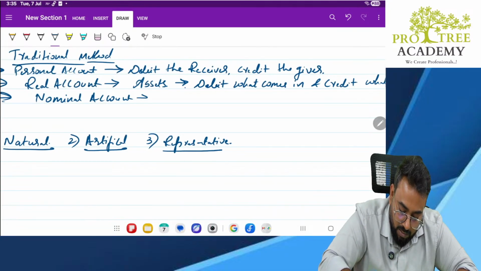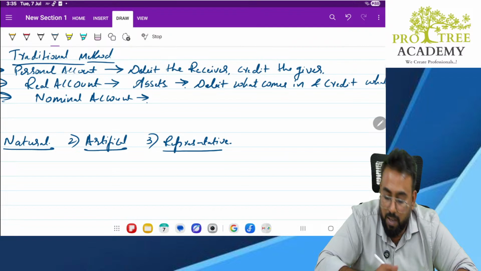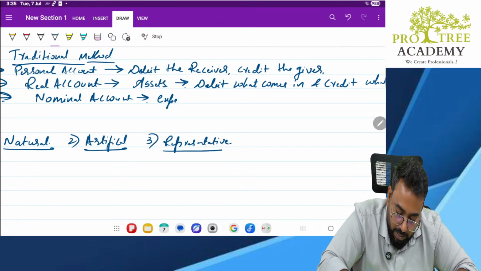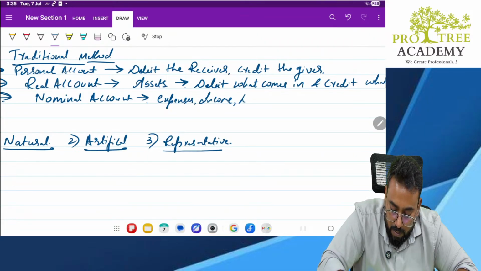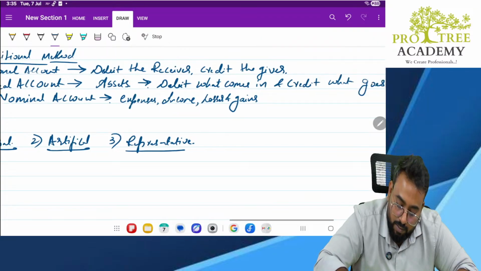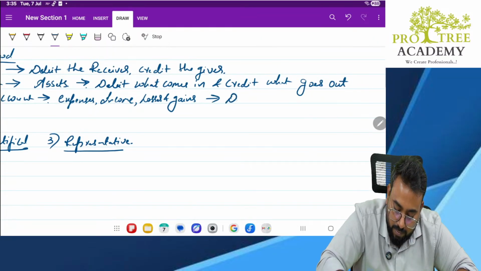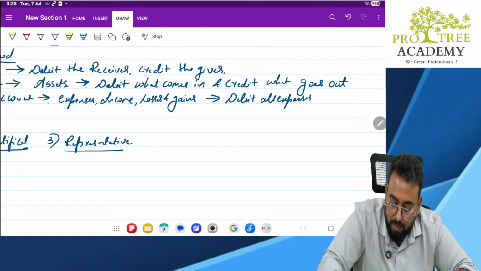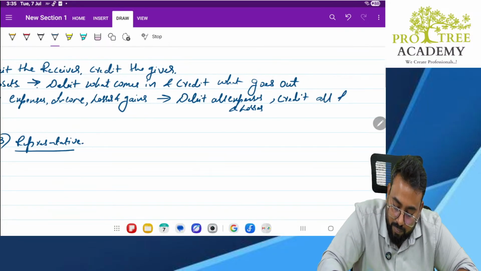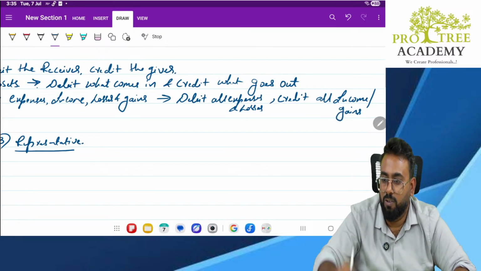Now, the last, nominal account. Expenses, income, losses and gains. Here, debit all expenses and losses, credit all income, and the last rule is similar to our modern rule.